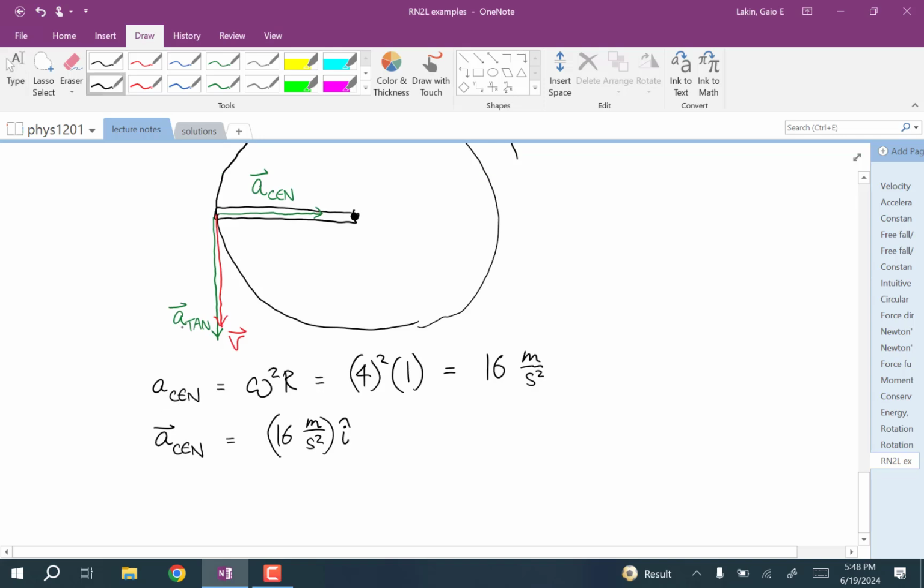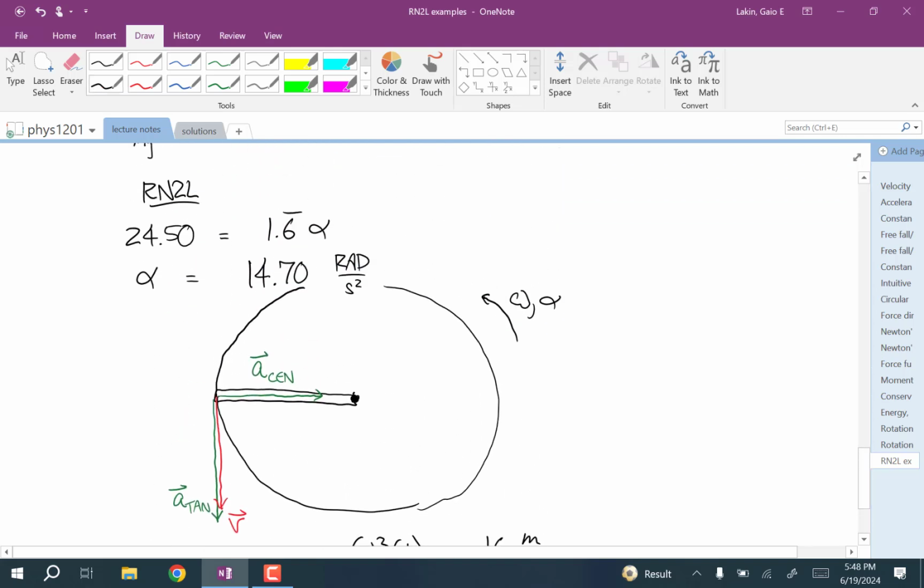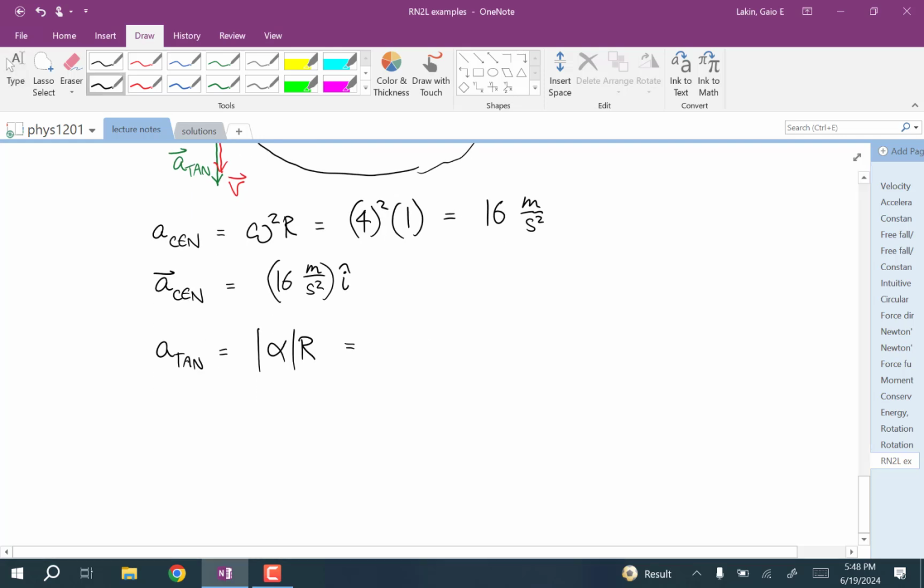And then the tangential acceleration magnitude is the absolute value of the angular acceleration times r. So that is the 14.70 that we just calculated, times the radius of this circular path, 1.